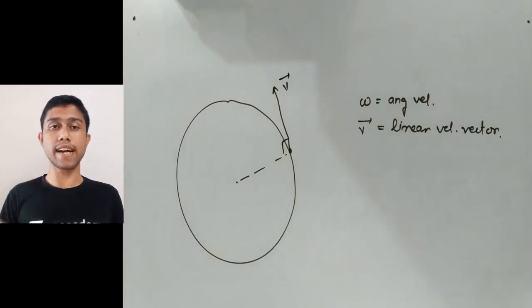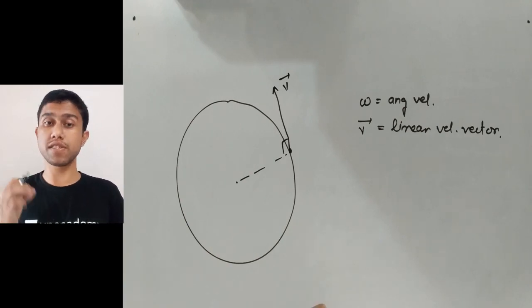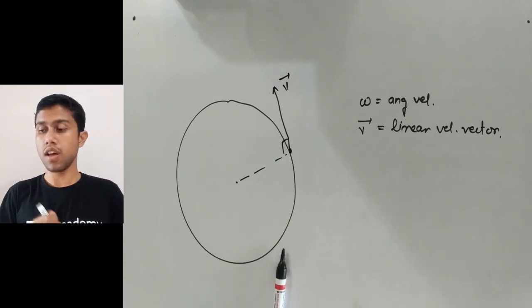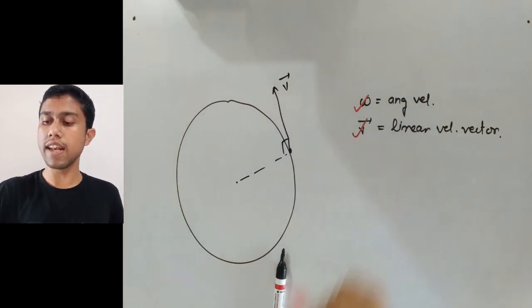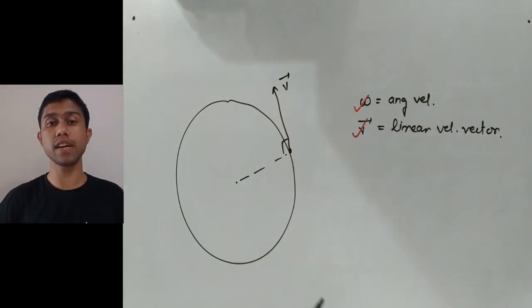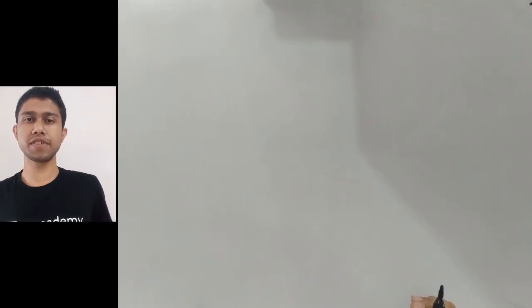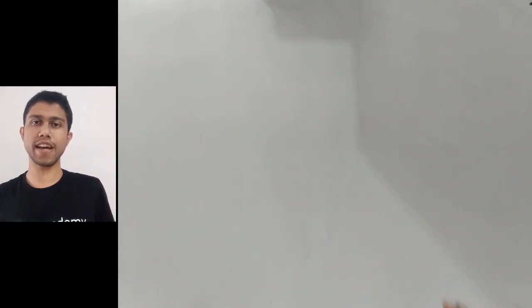So I can now say that a particle which is performing a circular motion will possess both the angular velocity as well as the linear velocity, and hence finding a relationship between the angular and the linear velocity becomes very, very important. So now we are going to see the relationship between the angular velocity and the linear velocity.